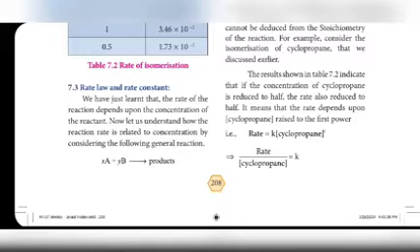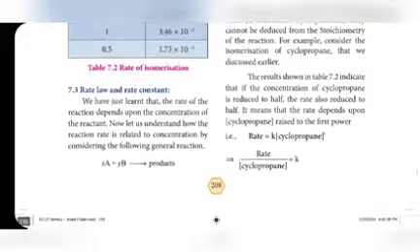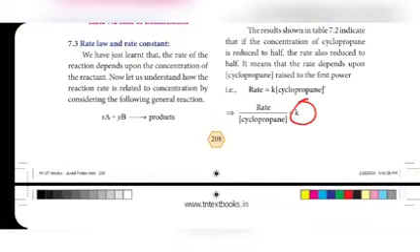So the order is 1, and only power 1 is given here. By rearranging this reaction, cyclopropane comes to this side, so rate divided by cyclopropane is equal to K. K means rate constant. So rate constant K is equal to rate by concentration of cyclopropane, that is the concentration of reactant.